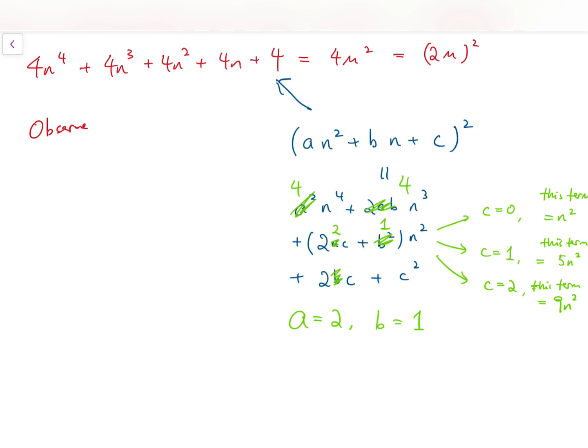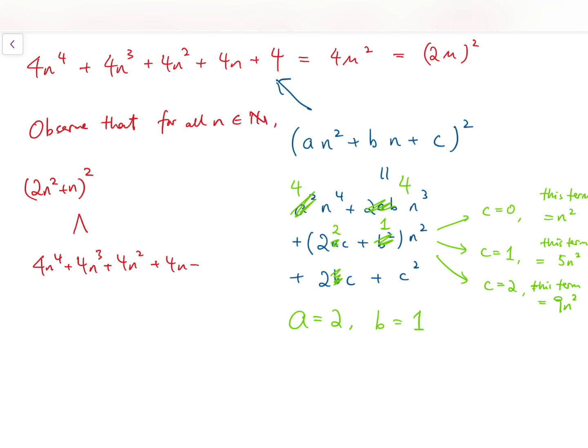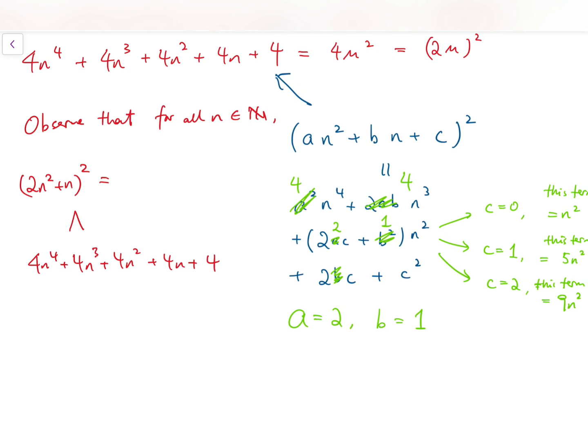that for all n, well, for base we do not take negative values, we will have 2n squared plus n, all squared, is less than our given quartic expression.